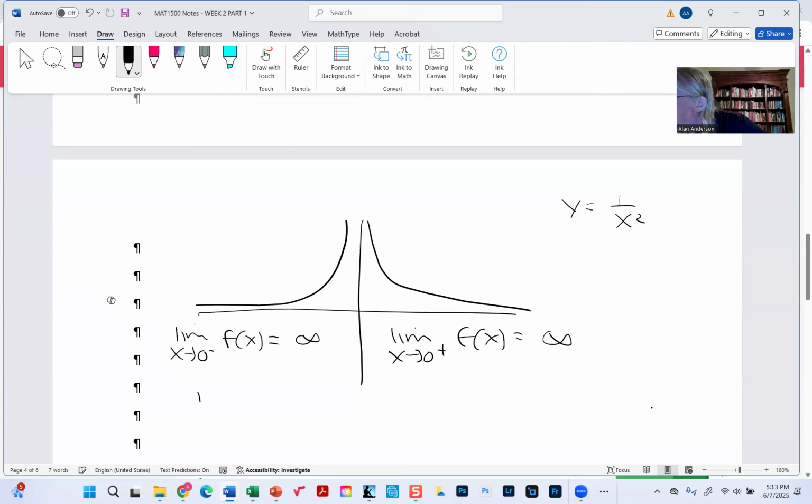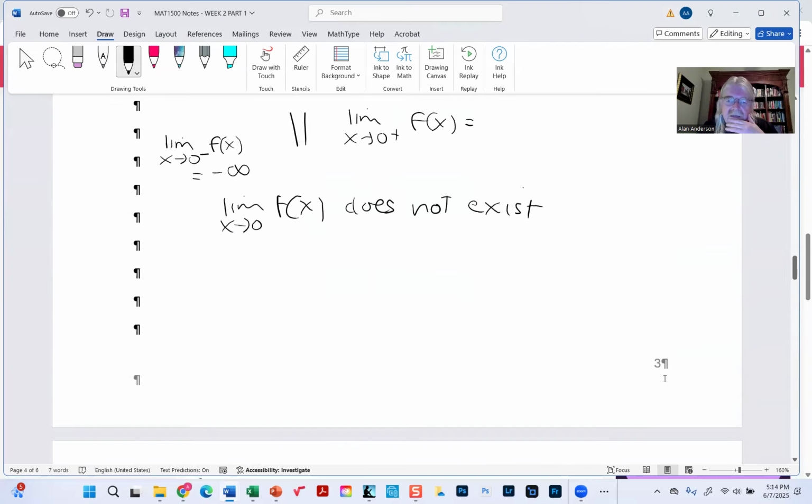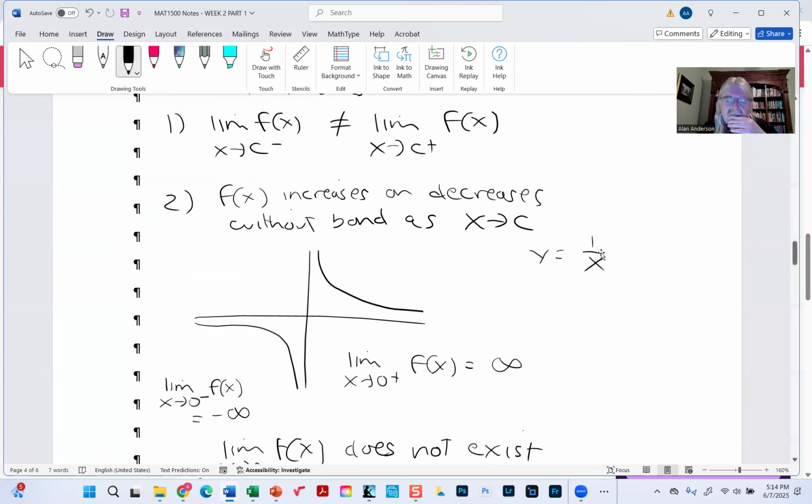So that means in this case, there is a limit, and it's just infinity. The limit can be infinity. Okay. It can also be negative infinity. But of course, it requires that the limits agree with each other from both directions. And that's what we're seeing here. So that's why this case is very different than this case, where they don't.